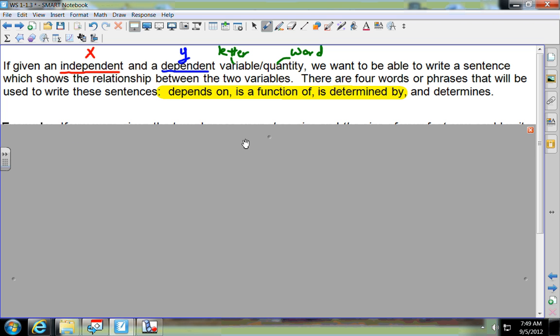And what I mean by that is it's going to go, dependent depends on the independent. Okay? We'll practice more with that in a minute. The one that is different is that determines right here. Remember, this is when you'll put the X first, then the Y. We're going to practice a lot with that.